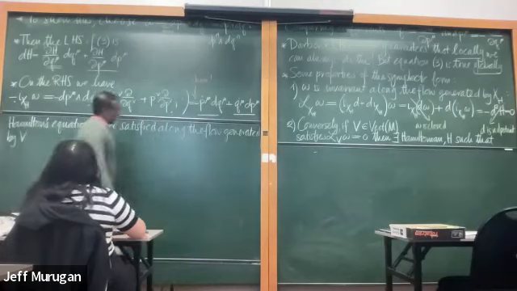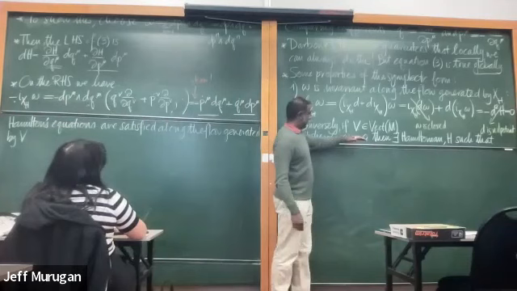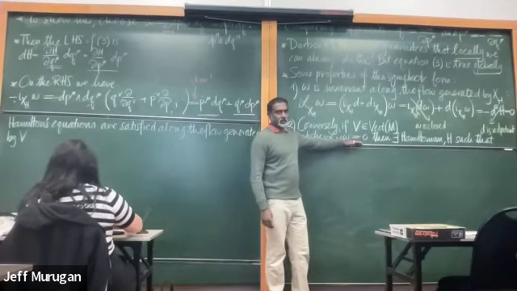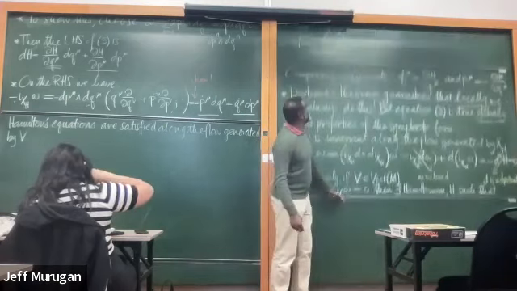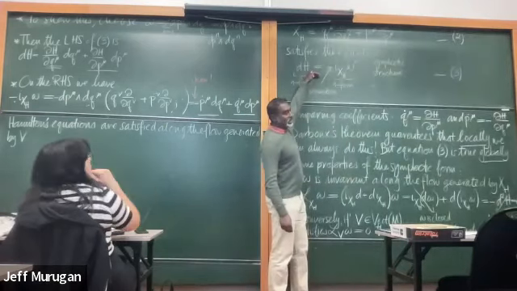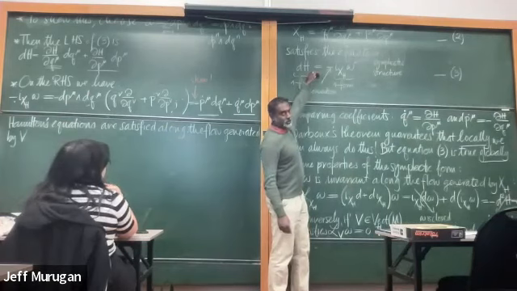In other words, if the Lie derivative of omega with respect to V is 0, then you can find an H such that dH is minus i_V omega.